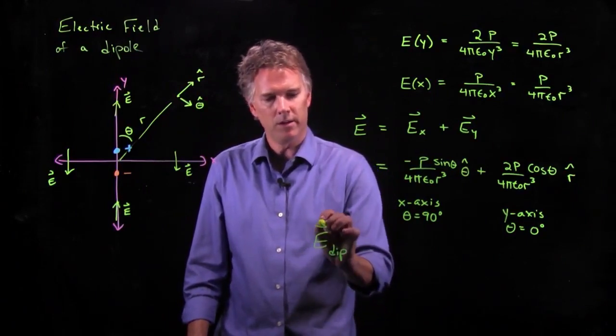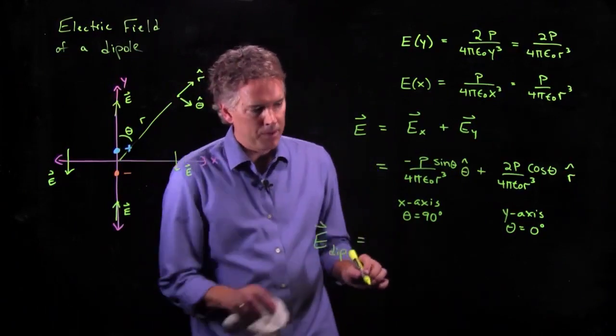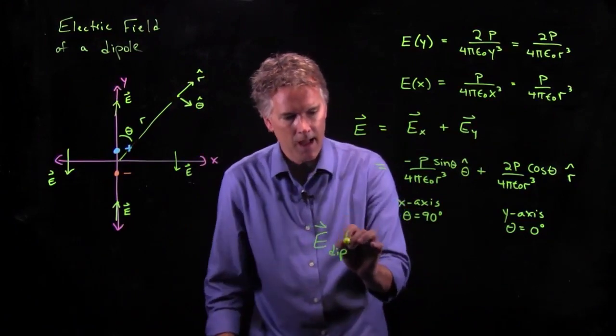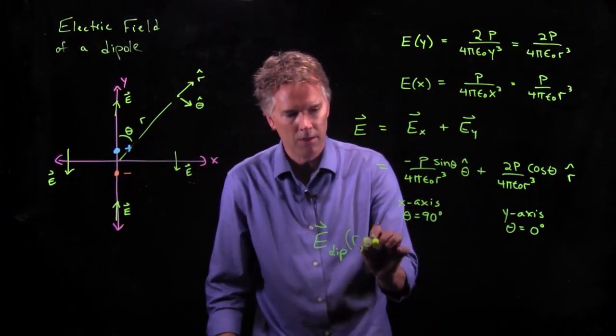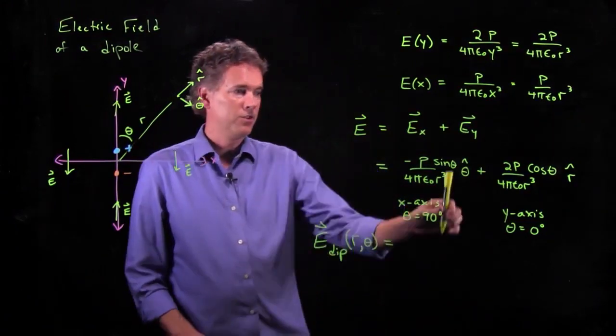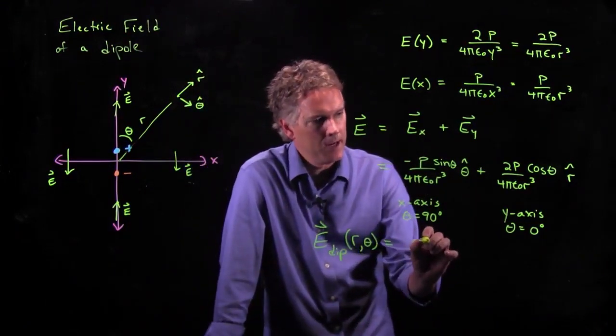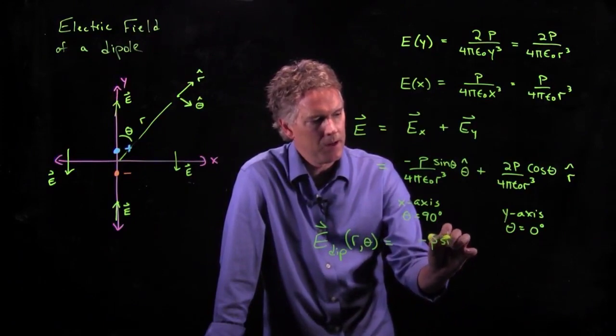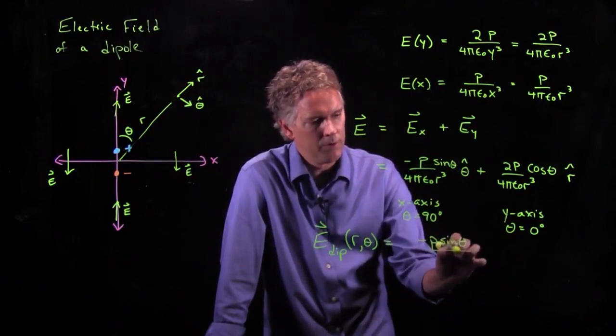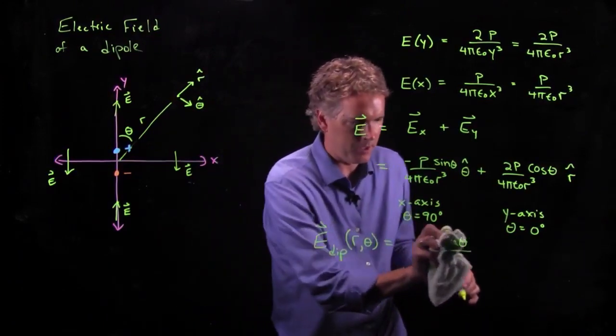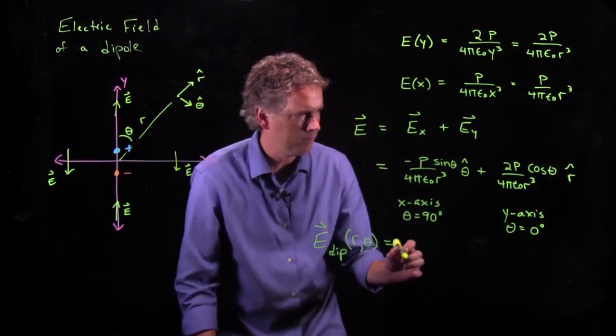What's the E field of a dipole? Well, let's be explicit. We're talking about E as a function of r and theta, it is just this. We've got a negative p sine theta over, actually let's factor out some common things because we do have some common factors. What do we have common?